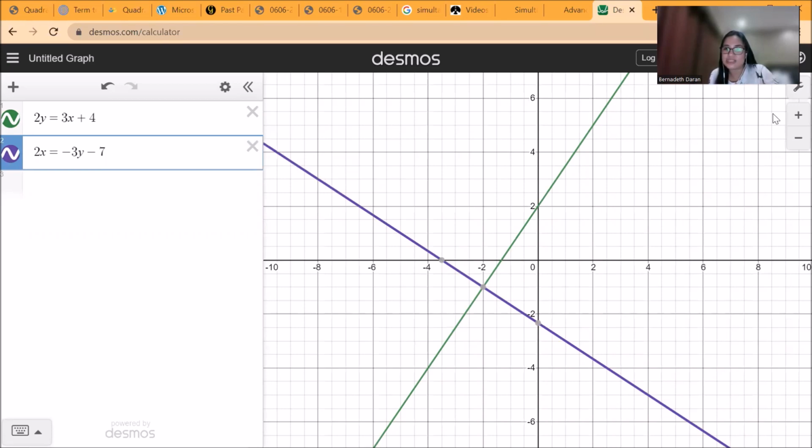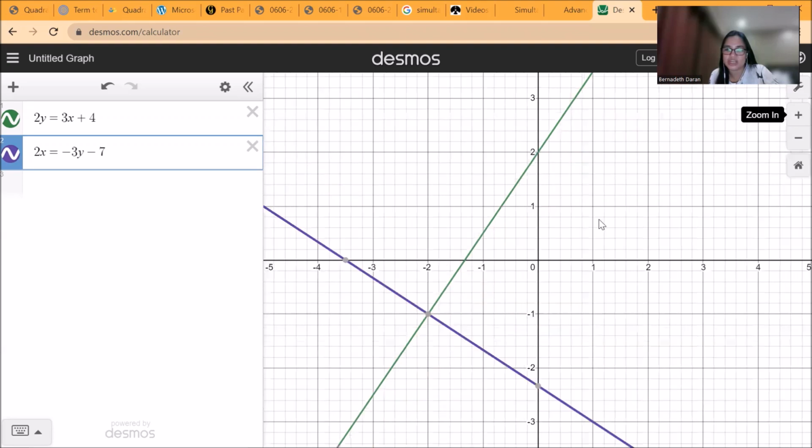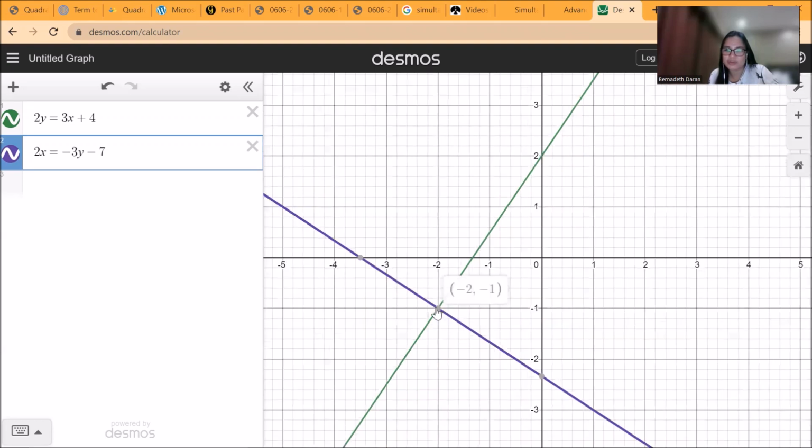And what is their point of intersection? The point of intersection is negative 2, negative 1. Meaning, this is the point where they intersect. Negative 2 is the x value, and the y value is negative 1.